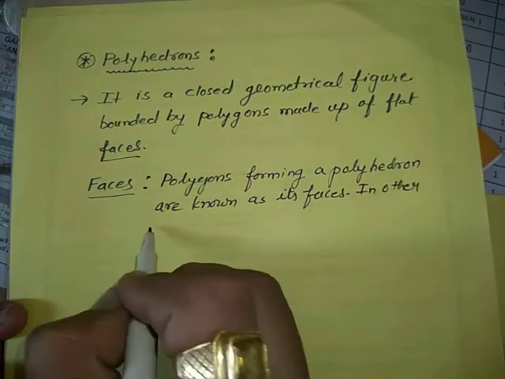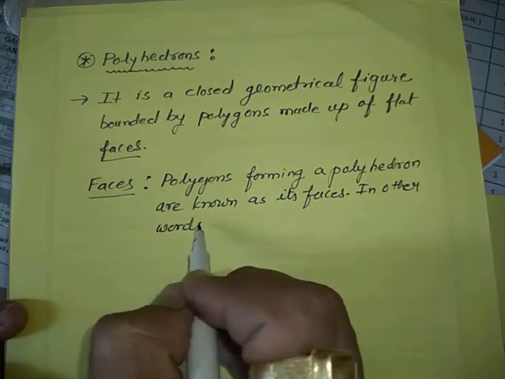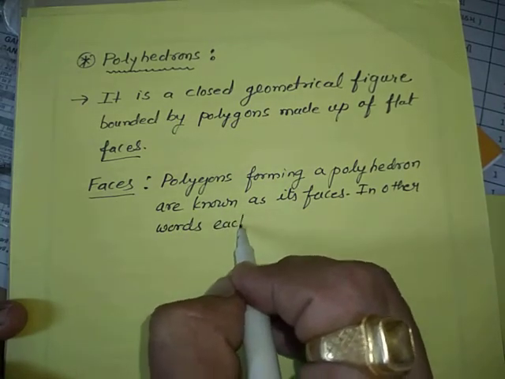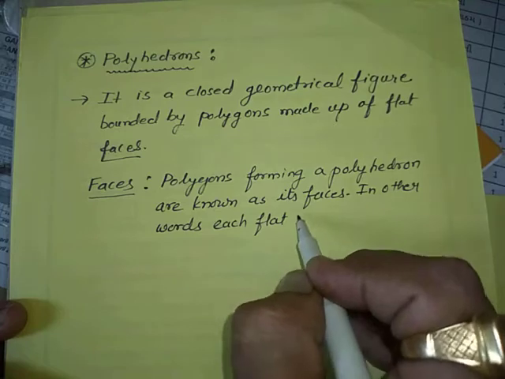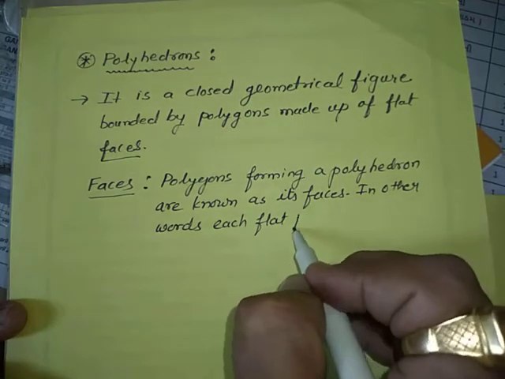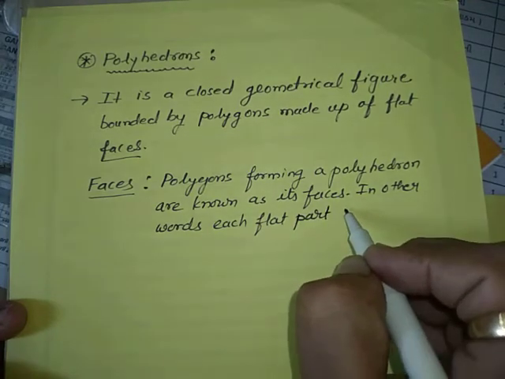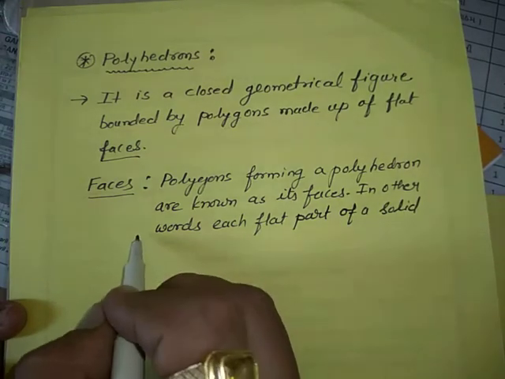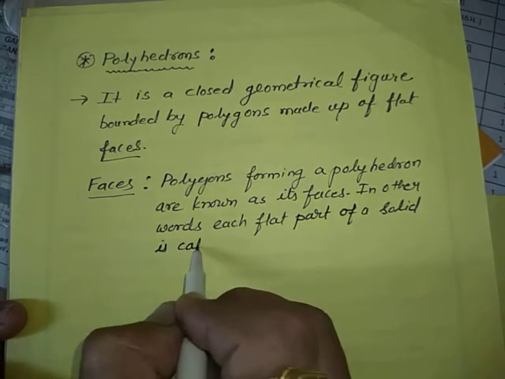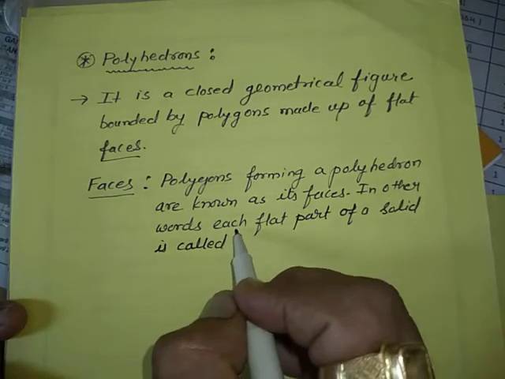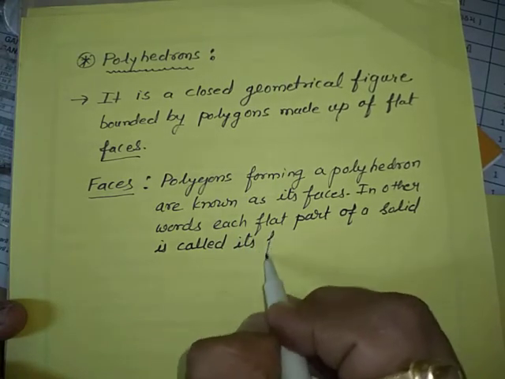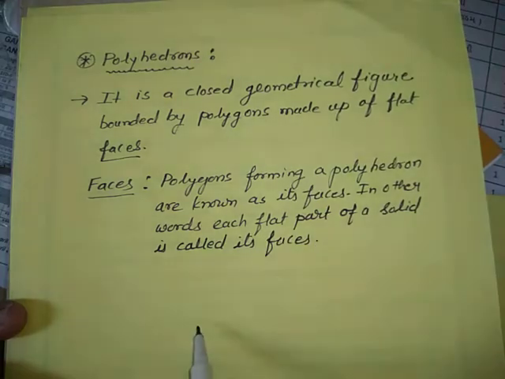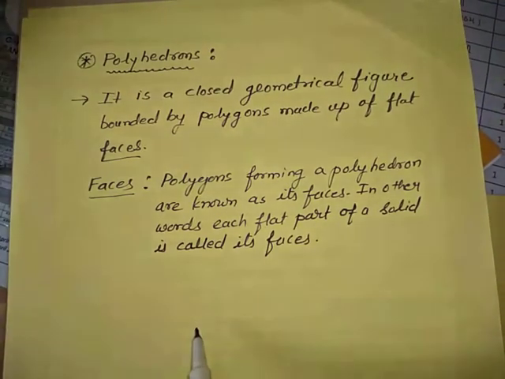In other words, each flat surface or each flat part of a solid is called its face. Clear?